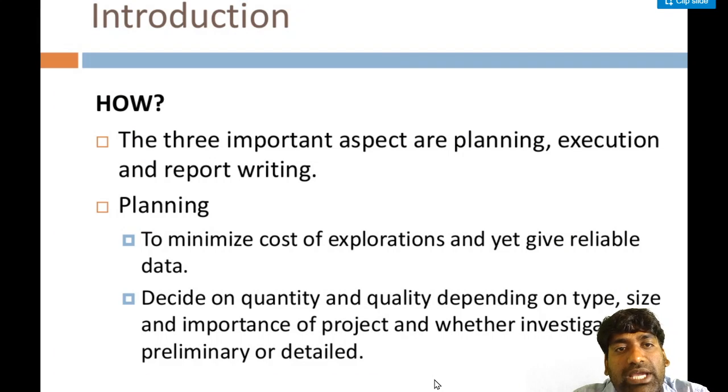So how do we carry out subsoil exploration? The three important aspects are planning, execution and report writing. Planning is to minimize the cost of exploration and yet give reliable data. Decide on quantity and quality depending on the type, size and importance of the project, and whether the investigation is preliminary or detailed.